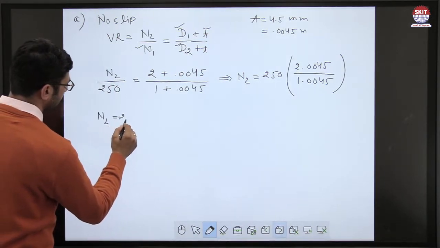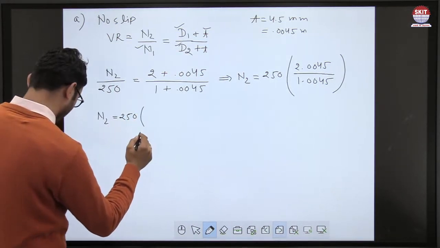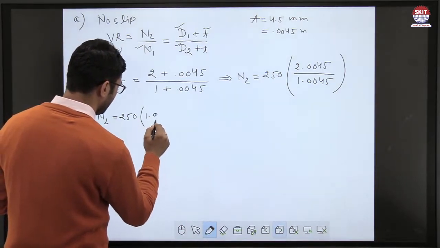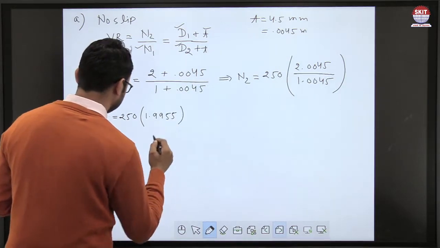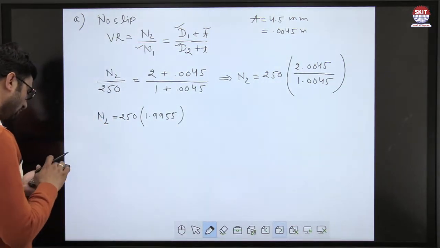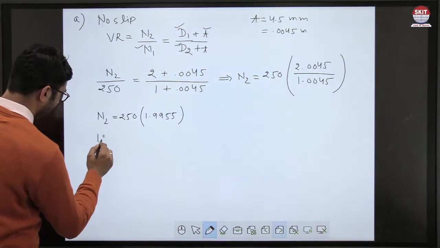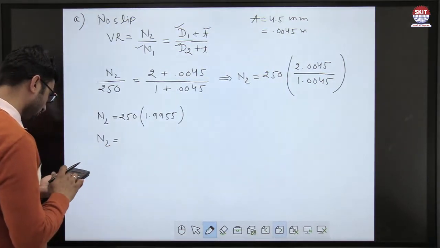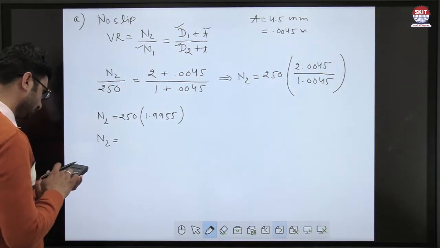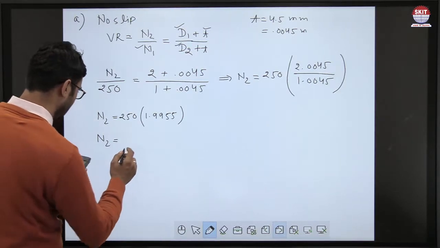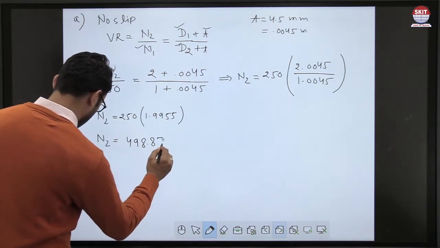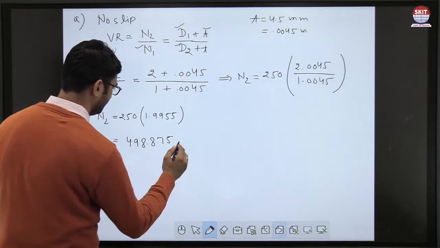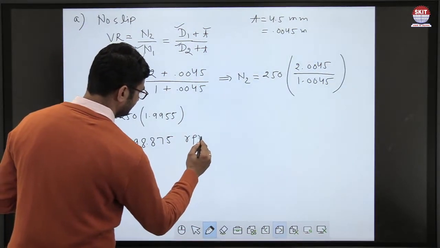N2 equal to 250 times 1.9955. So the value of N2 equal to 498.875 rpm.